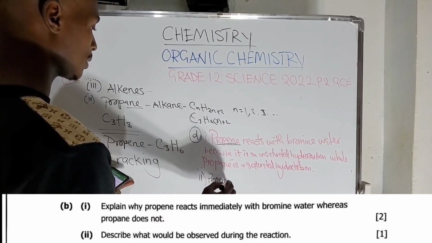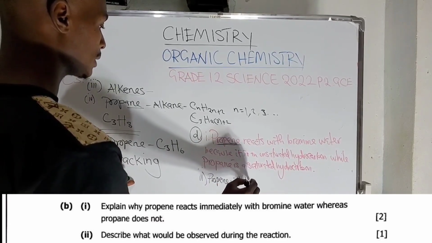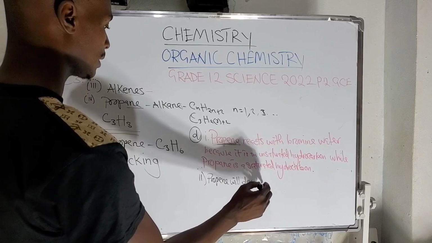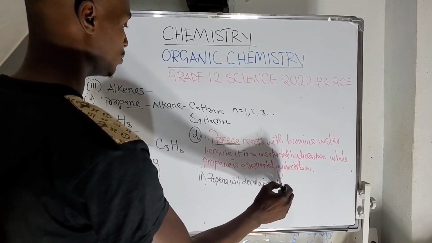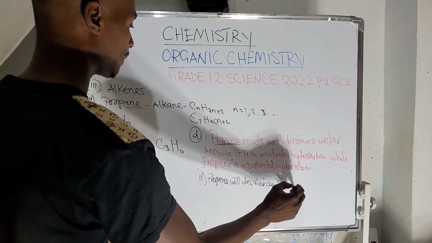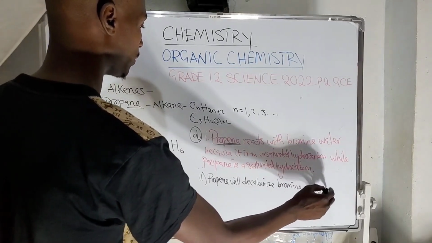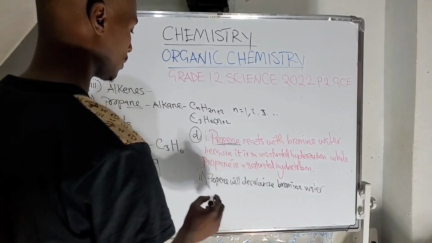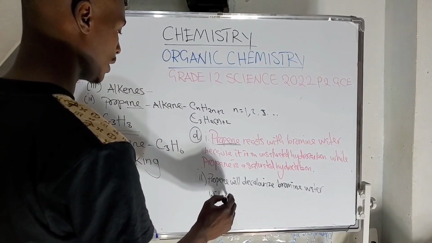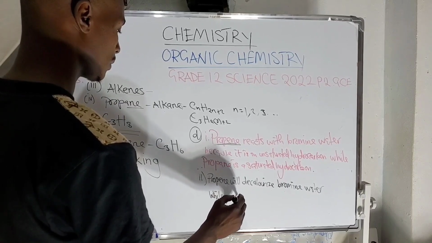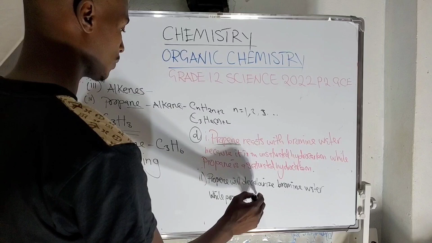Propene will decolorize bromine water, while propane will not.